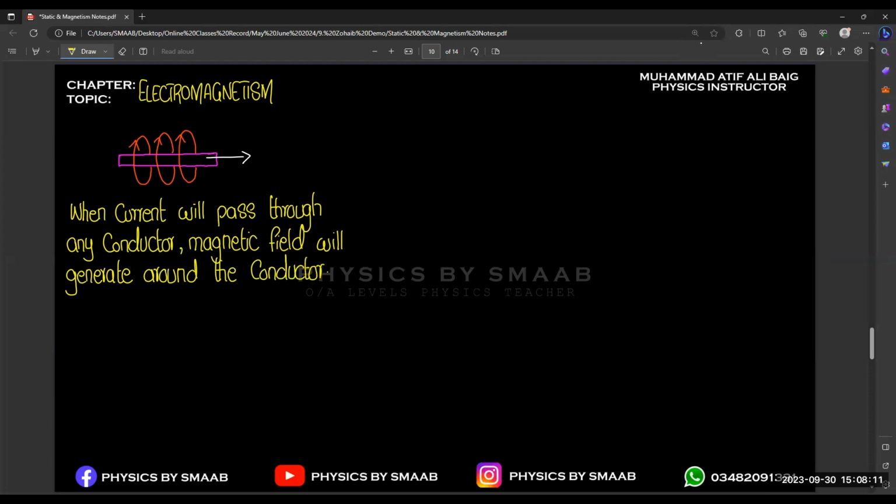So this is the basic concept that there will always be a magnetic field when current passes through any conductor. And the second important thing is we have to identify the direction of electric current and the direction of magnetic field, and what is the relation between the direction of electric current and the magnetic field.